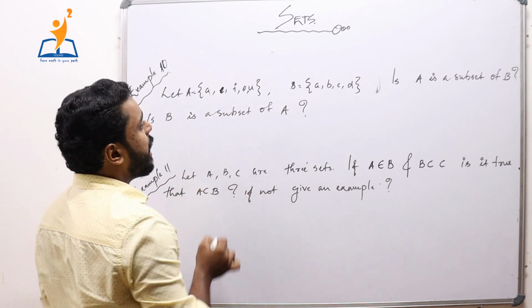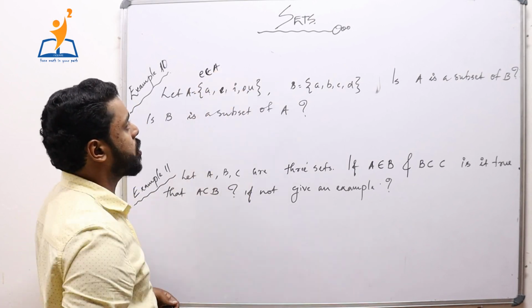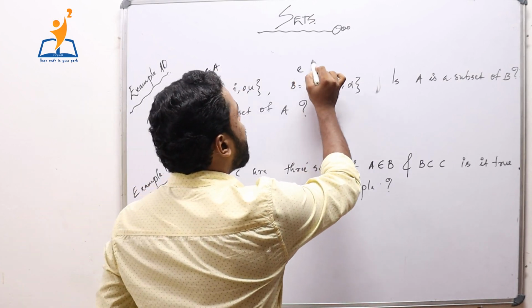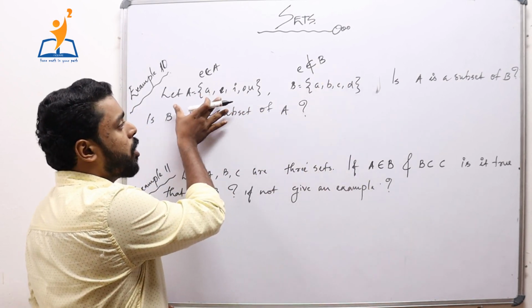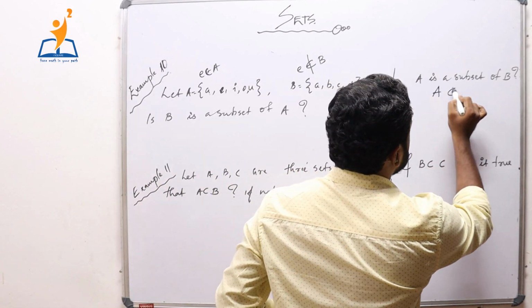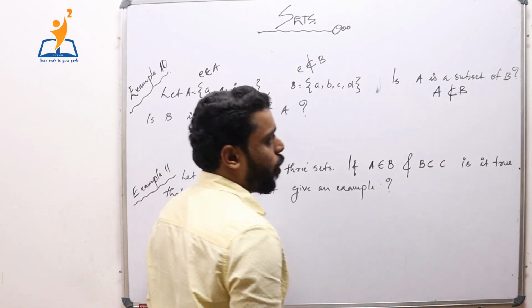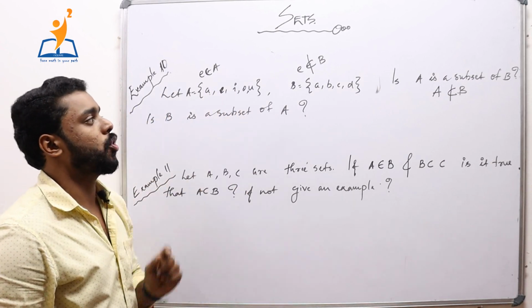In this set, e belongs to A, isn't it? We have e belongs to A, but e does not belong to B, isn't it? That means every element of A is not in B, so we can easily say that A is not a subset of B.